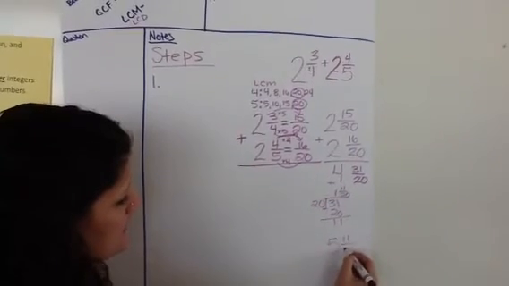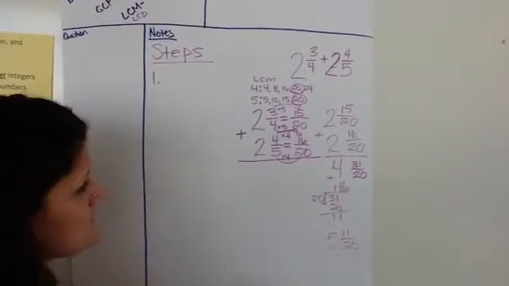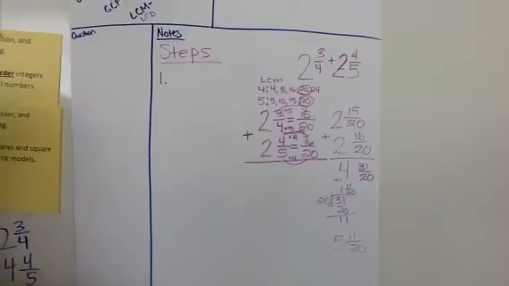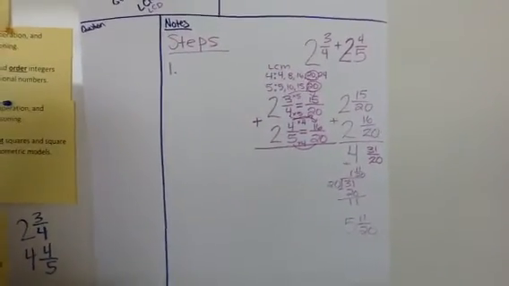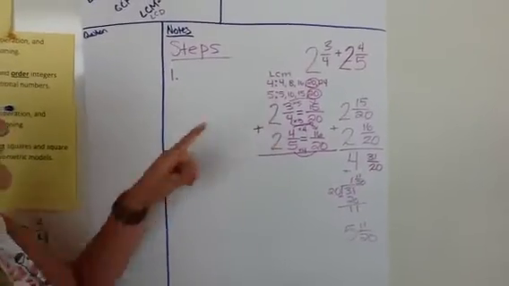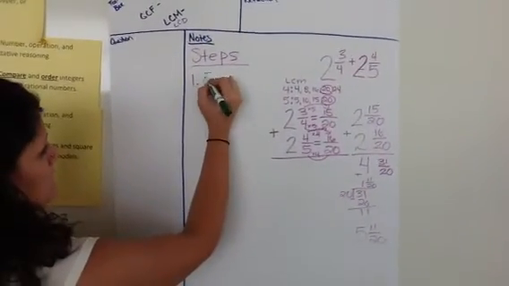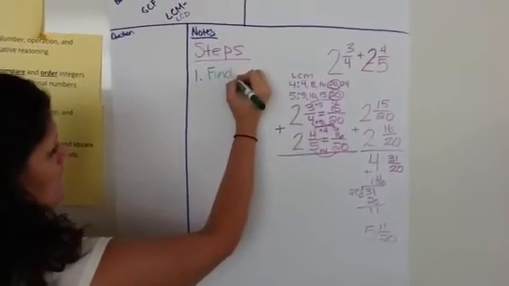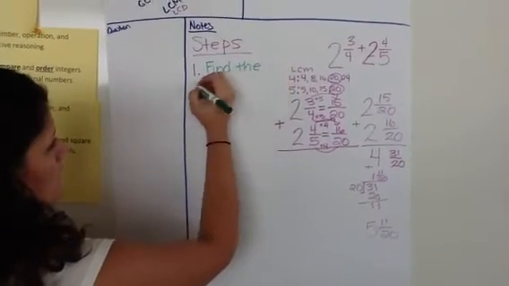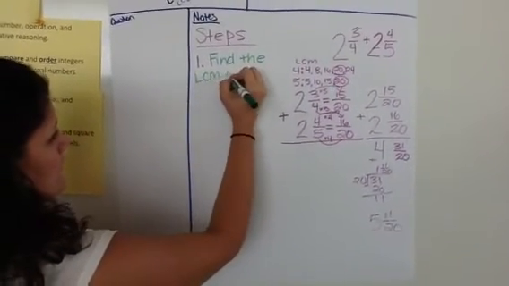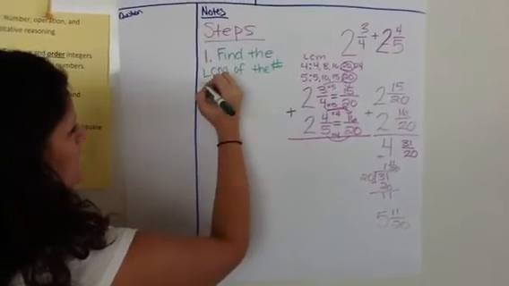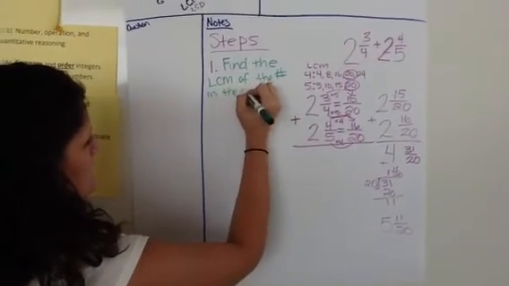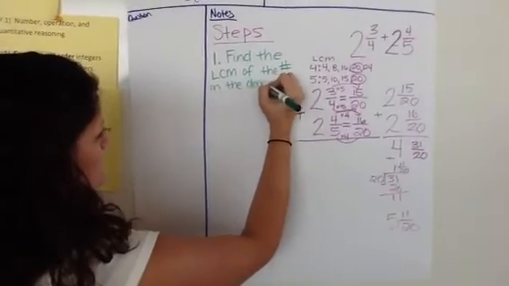5 and 11/20. So let's go back and look at what our actual steps were, so we can write those in our notes. Our first step was to find the LCM of the numbers in the denominators, if they're different.